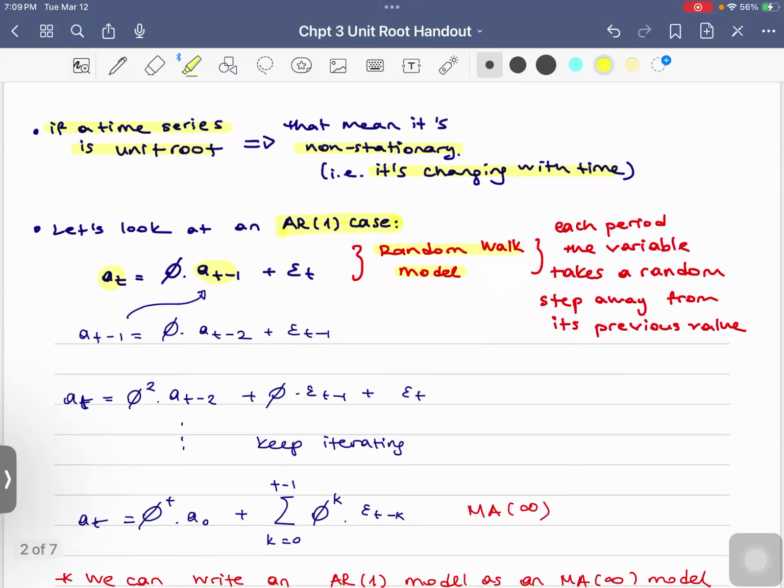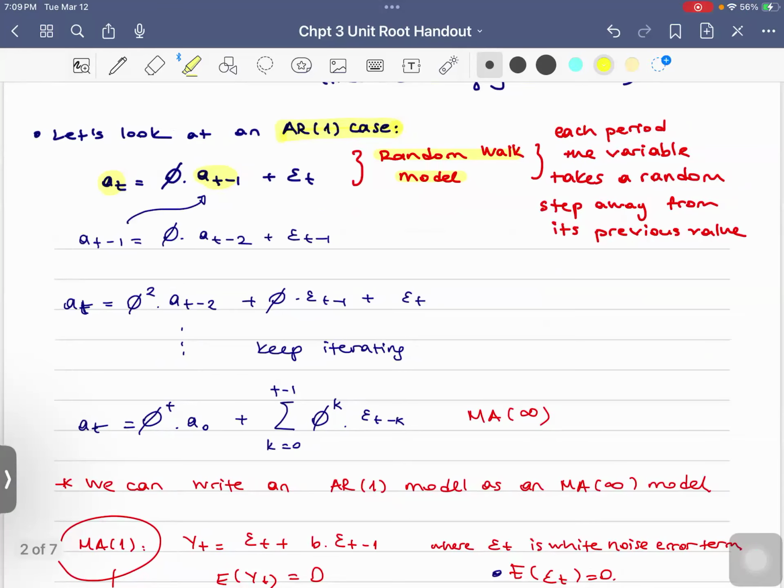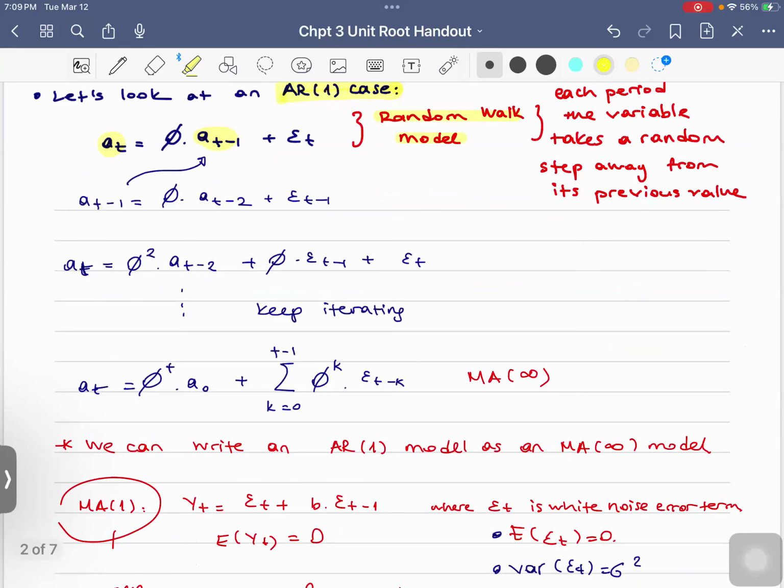So an AR1 or a random walk is our starting process. The first thing I'm going to do is keep writing this process in its lag form. For instance, if A_t is a function of A_{t-1} and the error term at that time period, then A_{t-1} is a function of A_{t-2}, basically the one lag version, and the error term last period, right? So we can keep doing this till the beginning of this process.